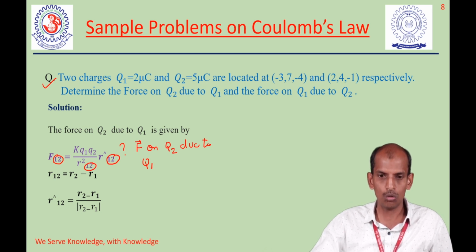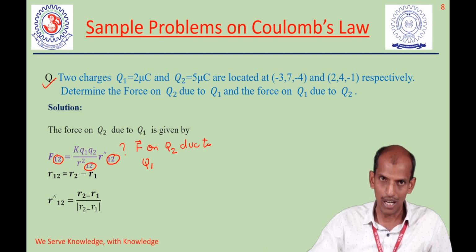So F21 is the force on charge 1, due to the presence of charge 2. When I say F12, it is the force on charge 2 due to the presence of charge 1.